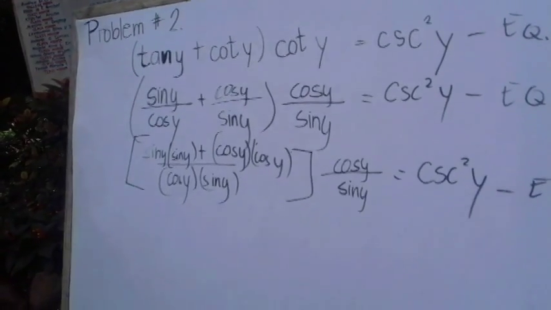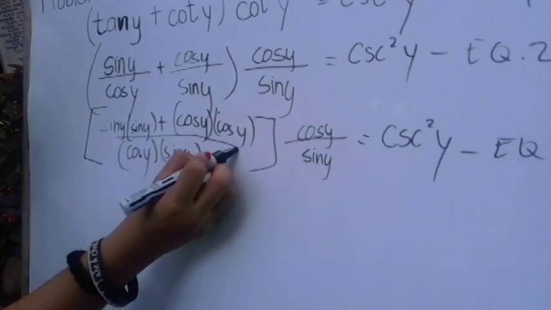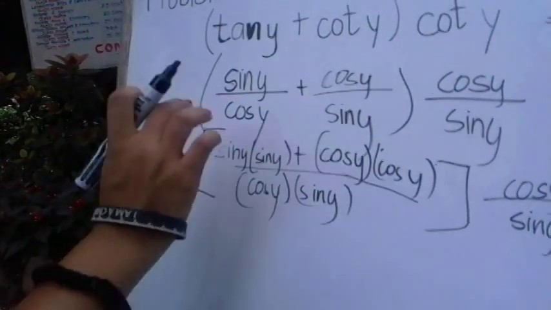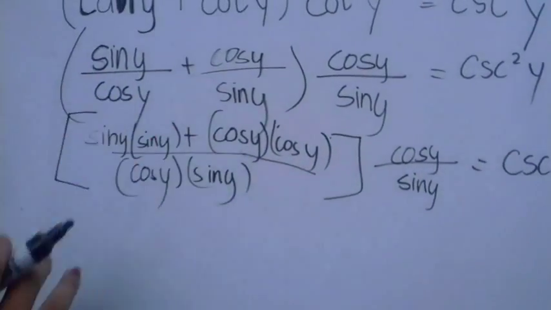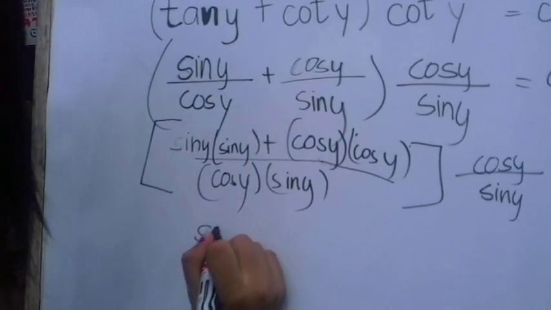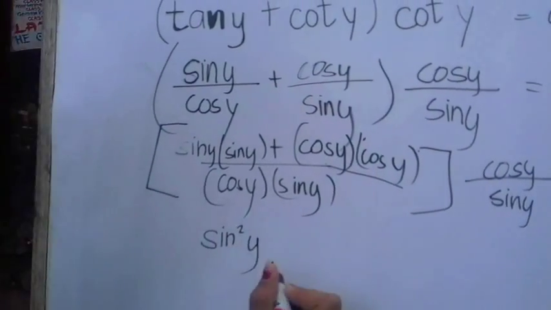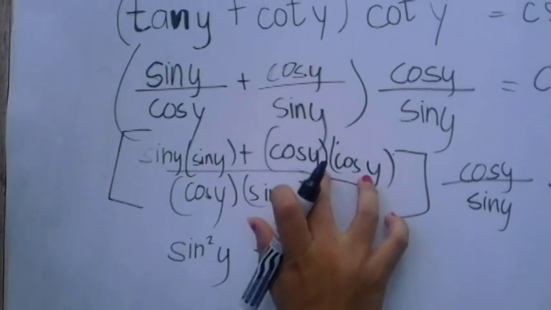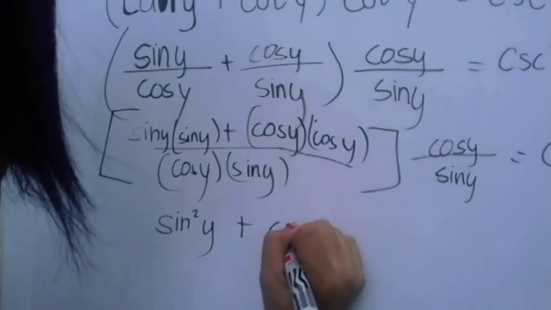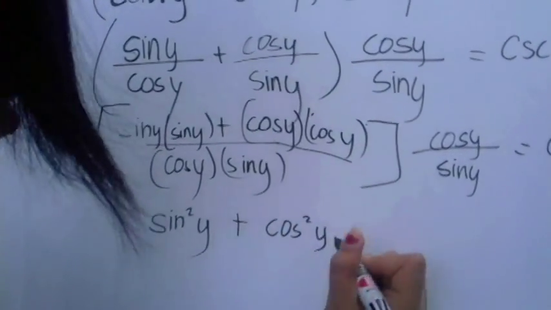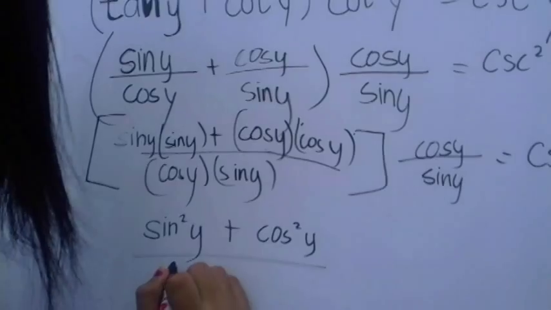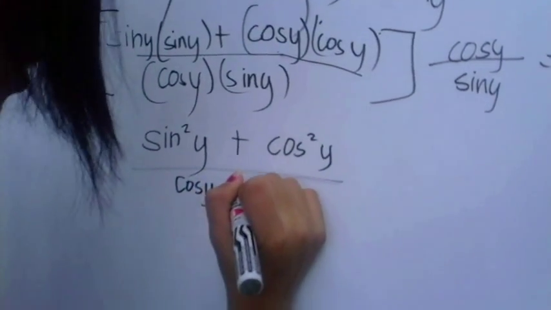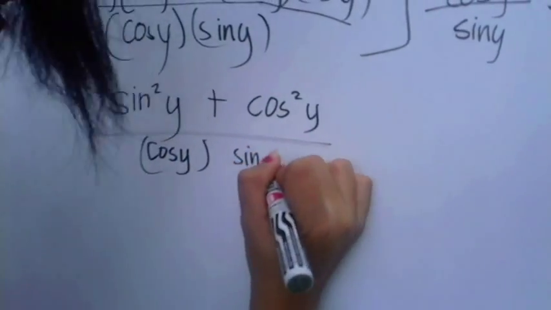Now, all we have to do is perform the operations here. So we have sine y multiplied by sine y is equal to sine squared y, plus cosine y multiplied by cosine y is equal to cosine squared y, over the denominator, which is cosine y times sine y.